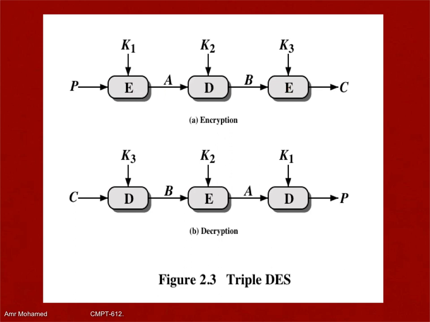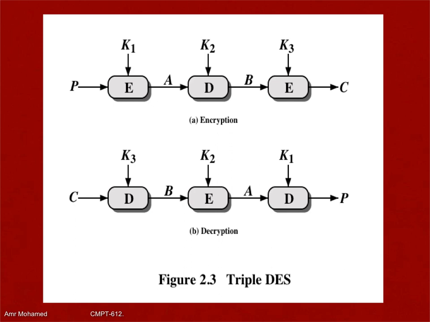And this means that for each one you have 16 rounds, right? So this means that the plain text goes through 16 times 3 rounds of trying to decorrelate the plain text from the ciphertext. And that, of course, increases the decorrelation and is more robust in terms of security properties.